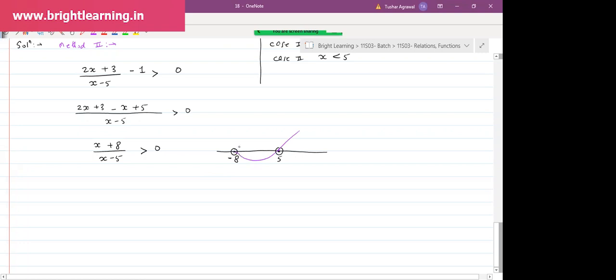The exponent at the corresponding factor x minus 5 is an odd number, so it will change its direction. The exponent at the factor x plus 8 is also an odd number, so it will change its direction. We want greater than 0, so the answer will be x belongs to minus infinity to minus 8 union 5 to infinity. This part of inequality is just a revision question.